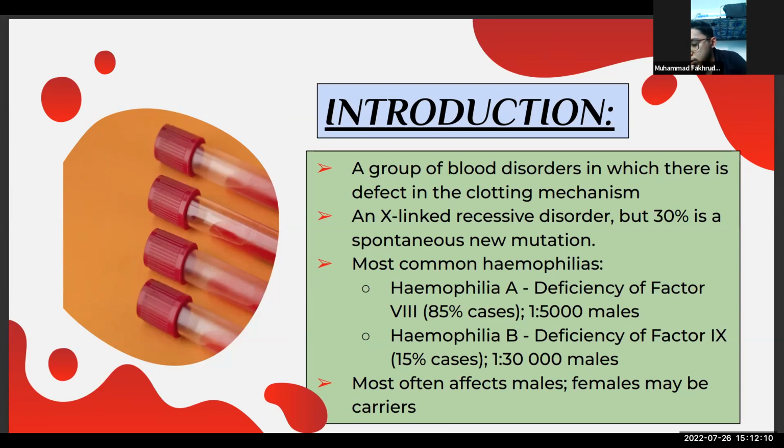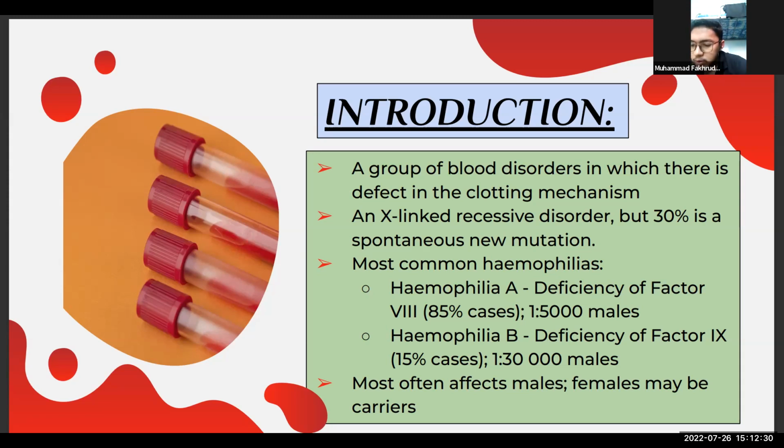What is hemostasis? Hemostasis is defined as the process by which our body spontaneously stops the bleeding and maintains the fluid within the vascular system.